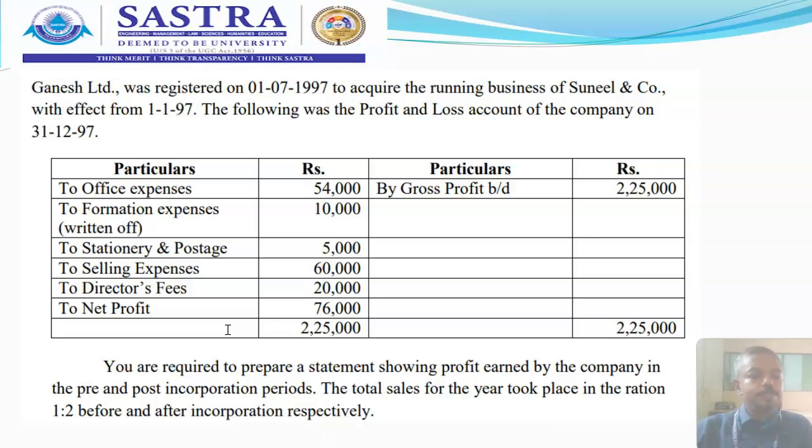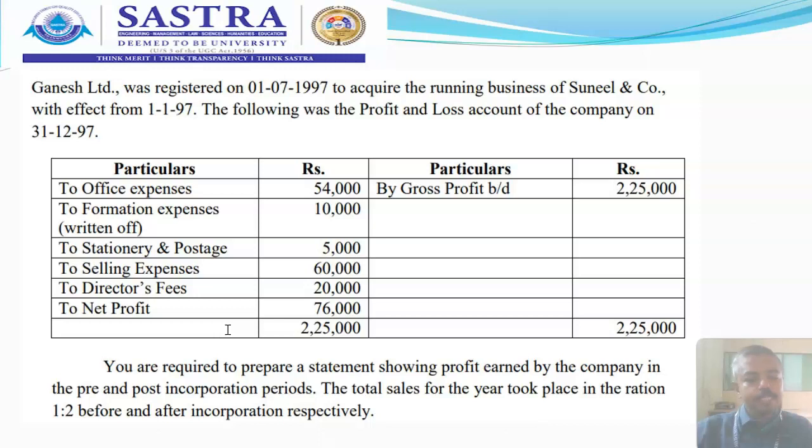Since the gross profit is the output of the comparison between direct income and direct expenses, that is sales, purchases, wages and all direct expenses, it becomes variable in nature. When it becomes a variable nature, it has to be apportioned based on sales.